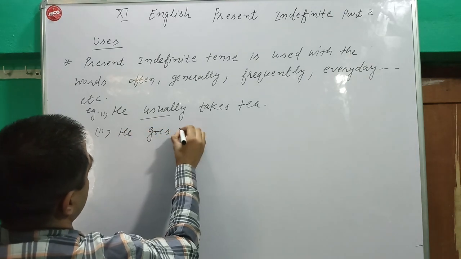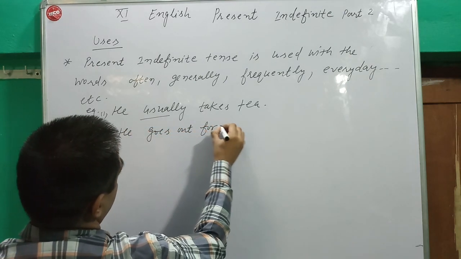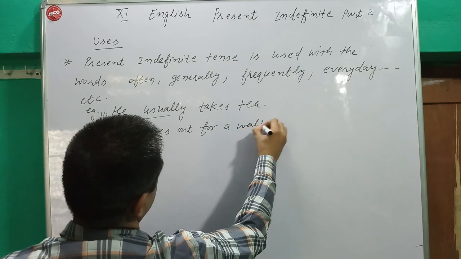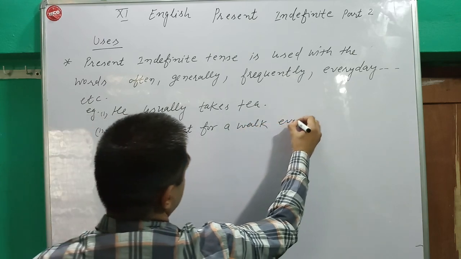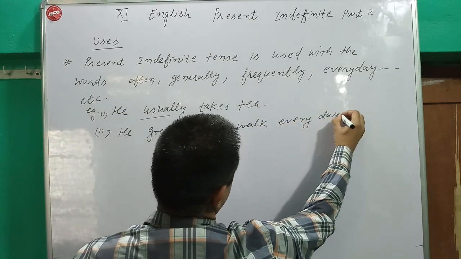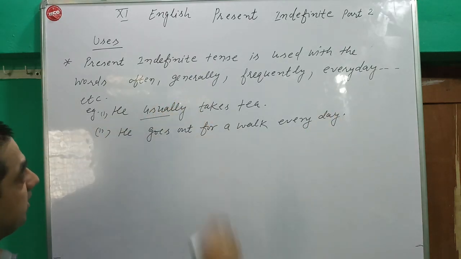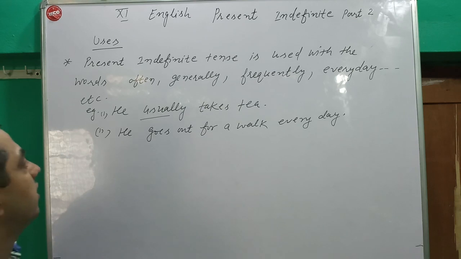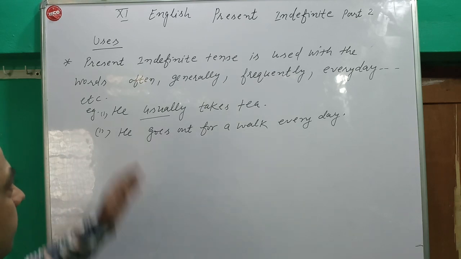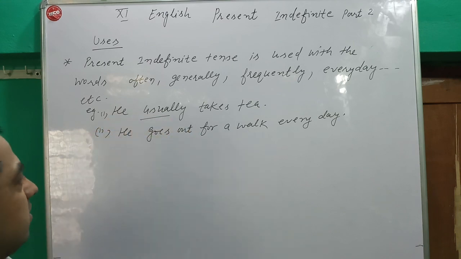He goes out for a walk every day. Okay. Present indefinite tense is used with the words often, usually, generally, frequently, every day, etc. He usually takes tea. He goes out for a walk every day.